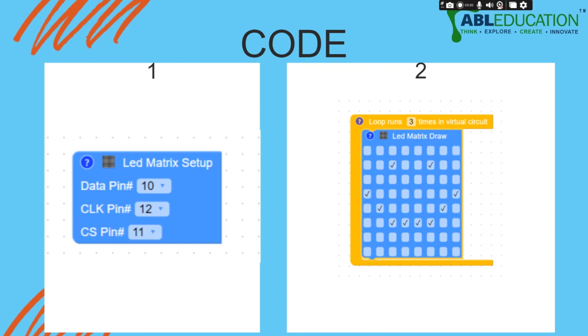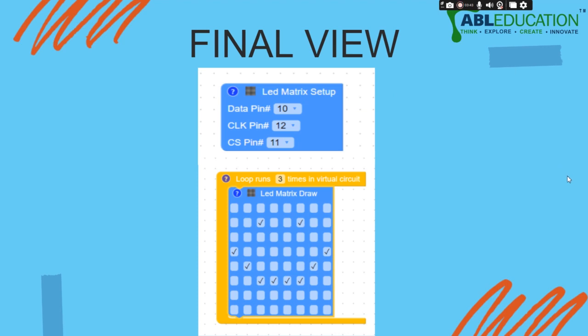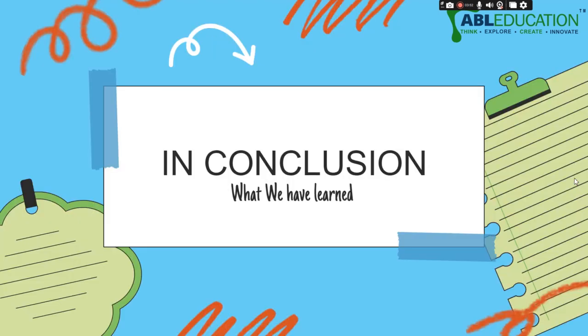Now inside the loop, in the second step, you just have to check the boxes where you want the LEDs to glow. I wanted to create a smiley, so I have selected the required check boxes. As you can see, this is the final view of what it should look like. The matrix setup and the LED matrix draw go inside the loop. You can use the loop to run infinite times as well.